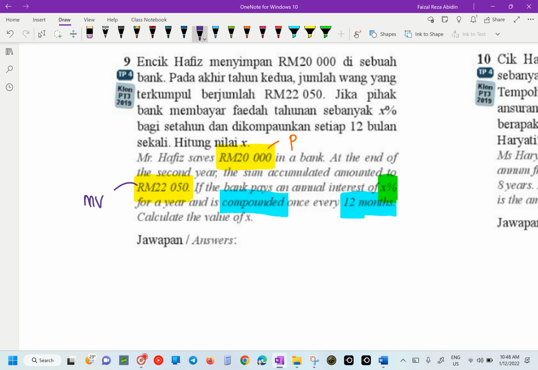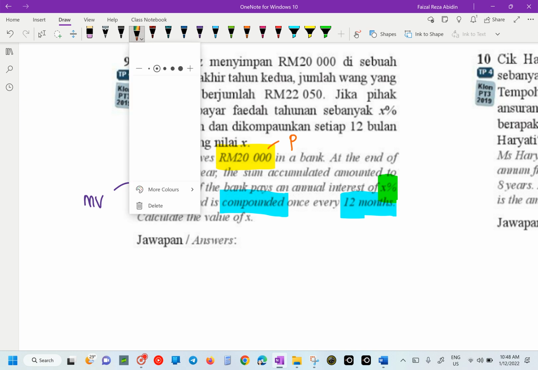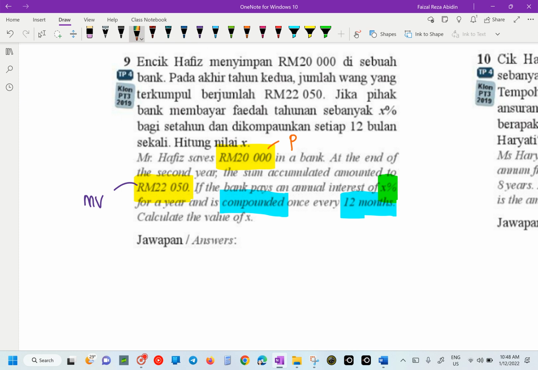Where is the formula? What page? Okay, page 29. You can look at page 29. Our formula for compound interest: maturity value equals P times (1 plus R over N) to the power of NT.